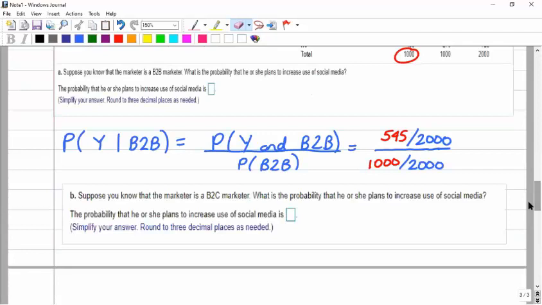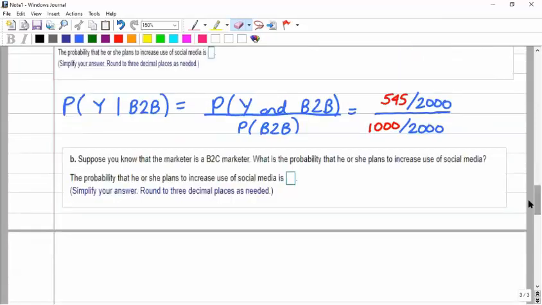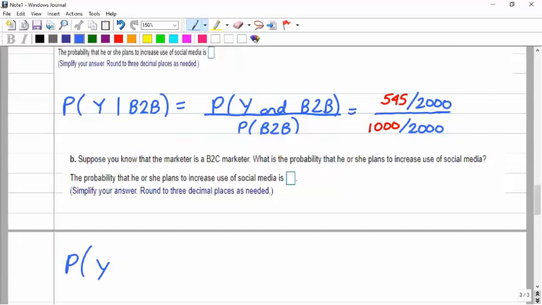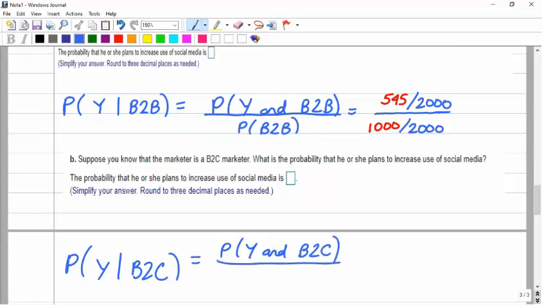Suppose you know it's a B2C. Plans to increase social media. So I think that's just going to be probability of Y given B2C. So it's going to be probability of Y and B2C over probability of B2C.